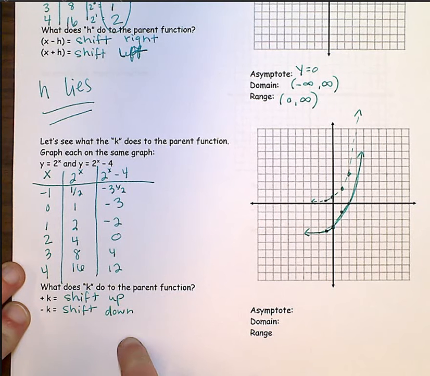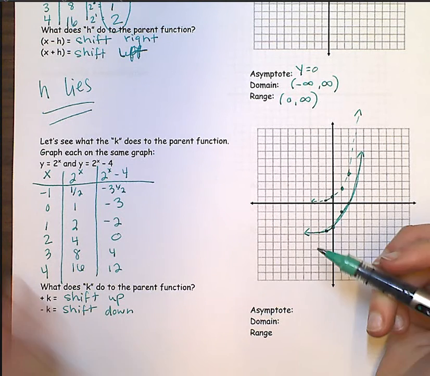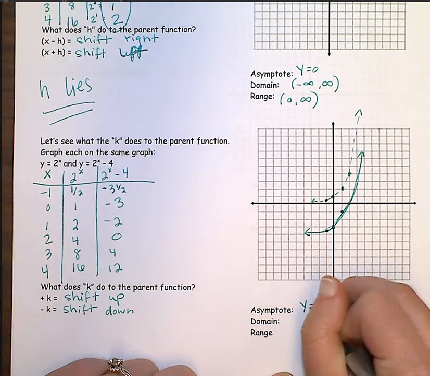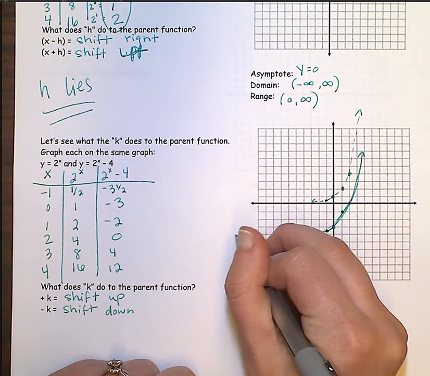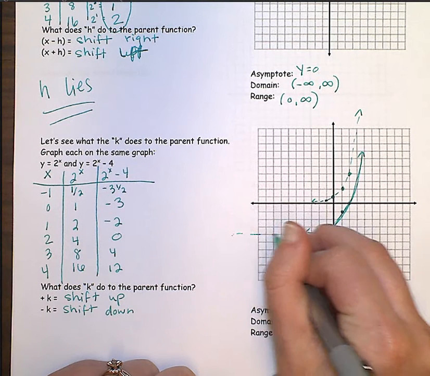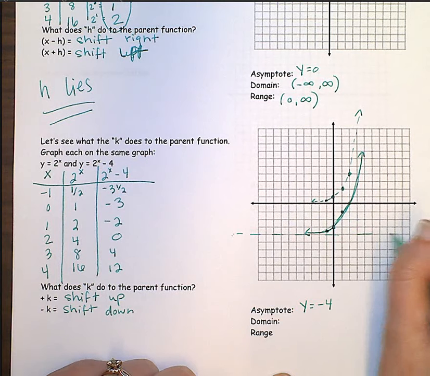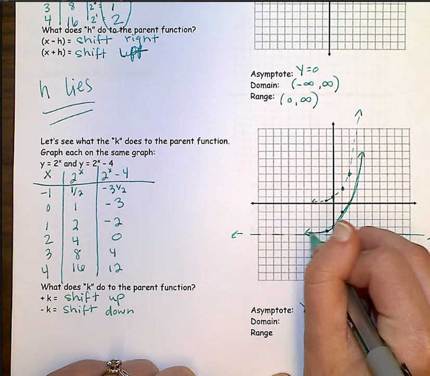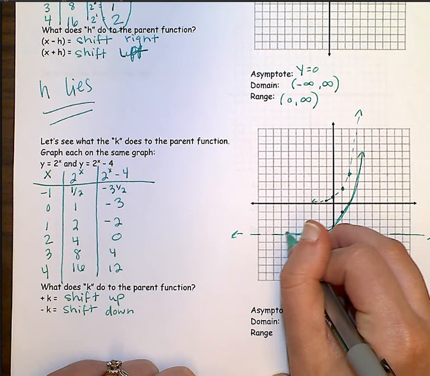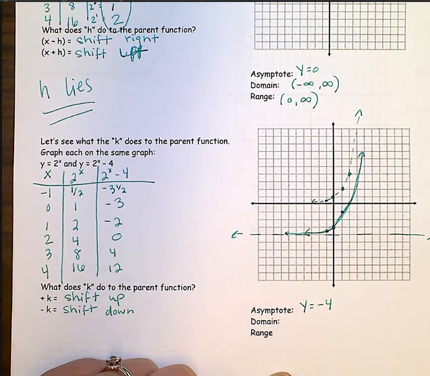In this case, we shifted down 4, so our asymptote is also going to be down 4, at the line y equals negative 4. So if I draw the line at y equals negative 4, my graph is going to keep getting closer and closer as I go to the left, but it's never actually going to touch that. I'm never going to get a y value of negative 4.